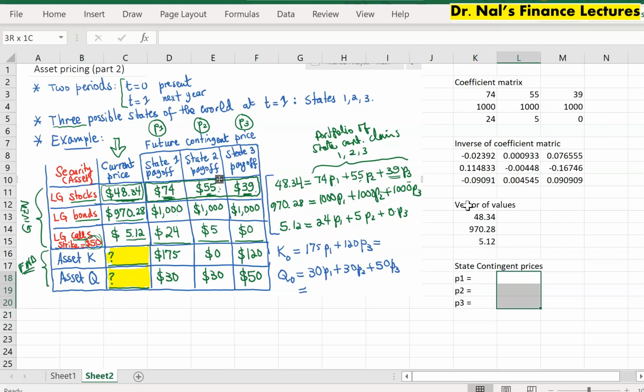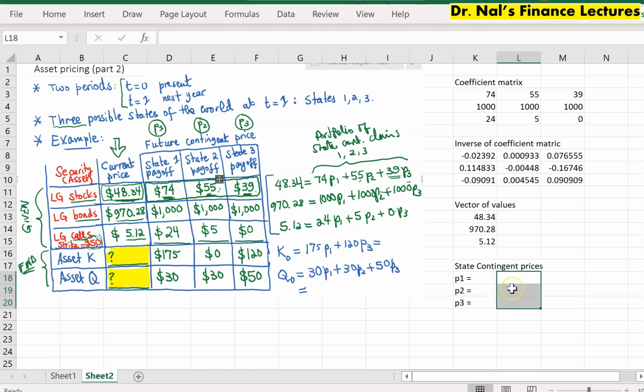I know that each one will have a different price. It will look like a 3x1 matrix, which will come out by simply multiplying that 3x3 inverse coefficient matrix with that 3x1 vector of values. 3x3, 3x1, just drop the 2 3s in the middle, so 3x1 again.